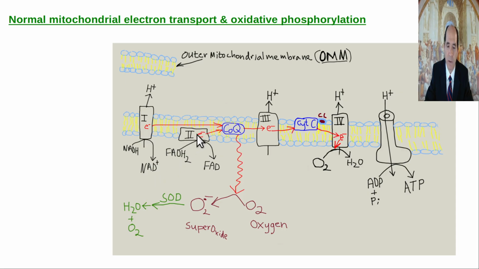FADH2 delivers its electrons, and it gets made into FAD, okay. Then coenzyme Q carries electrons. Complex 3 also pumps out a proton, okay, and complex 4 also pumps out a proton, and that's complex 5, which is ATP synthase, makes ATP, okay. But this is what we're going to be coming back to, complex 2.